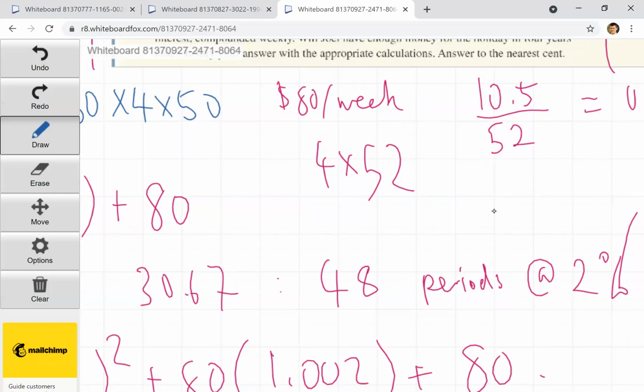I have this table up somewhere. Yeah, I'm looking at the table now. That's so strange. Present value of $1.